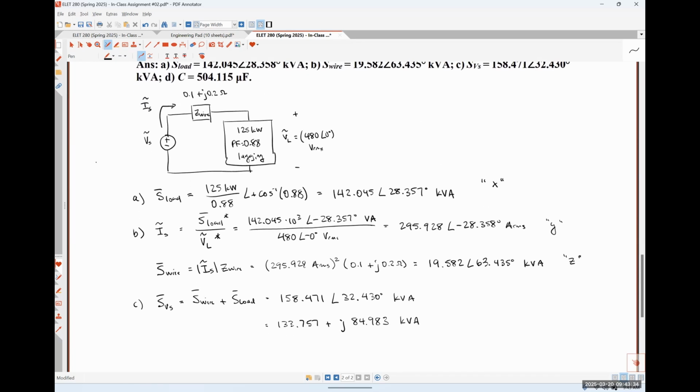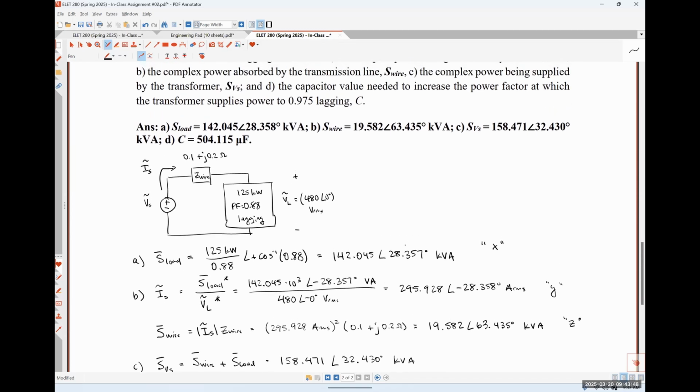So does anybody have any questions, comments, or concerns about what we did for part C here? Okay. So the last thing that we need to do is take this information and figure out the value of the capacitor.